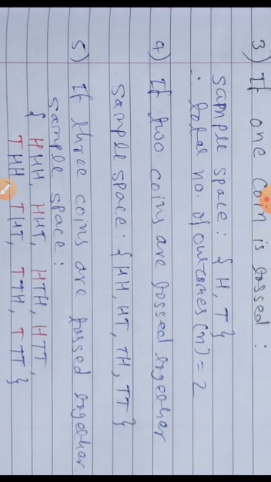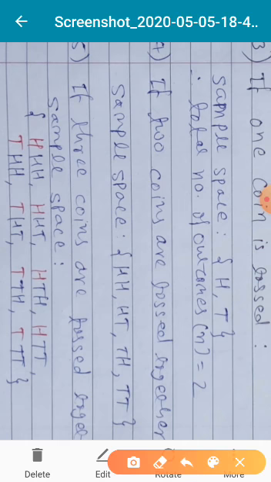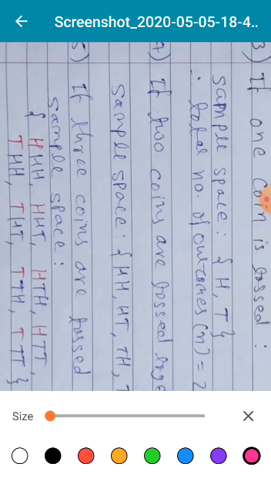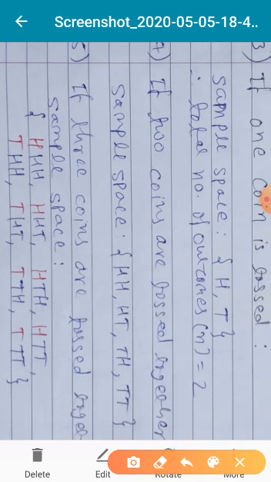If 3 coins are tossed together, then there will be 8 outcomes, because 2 raised to 3 equals 8. How to write the 8 outcomes? You have to remember, first of all, the outcomes of two coins are written twice. Look here: HH, HT, TH and TT are there in 2 lines.